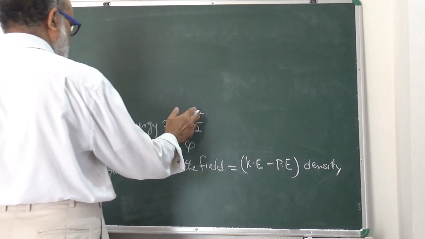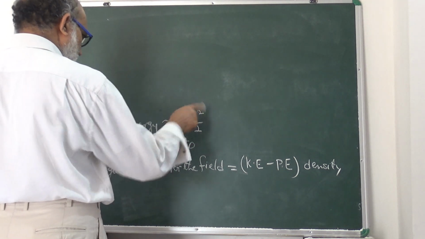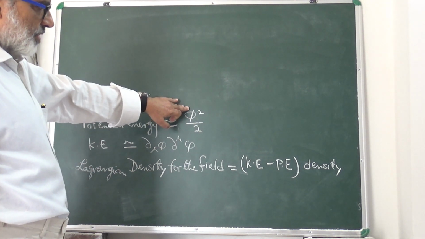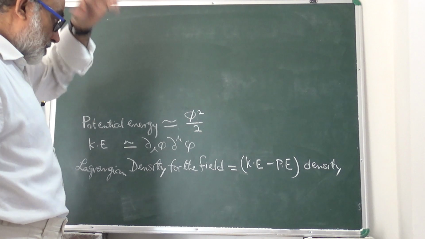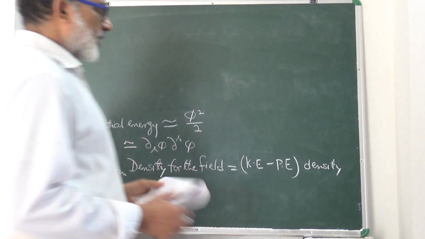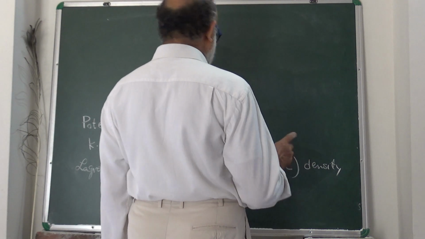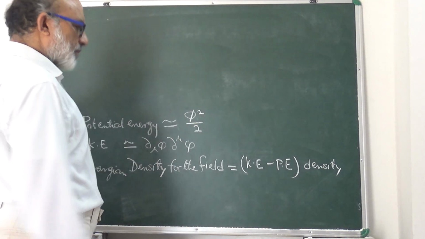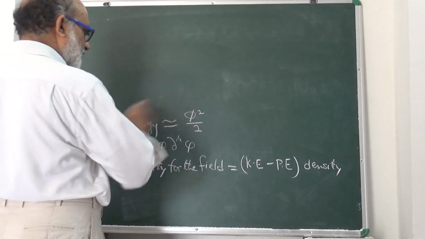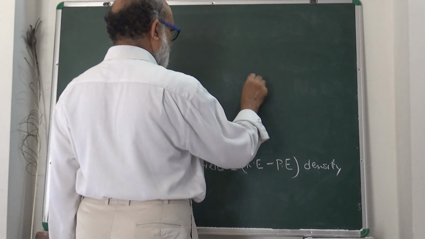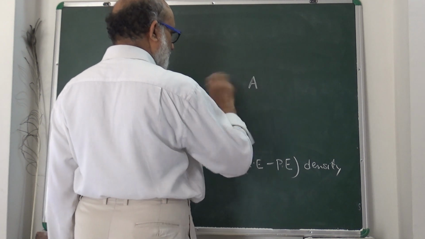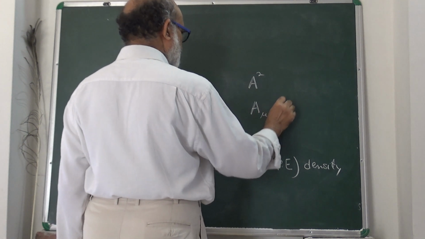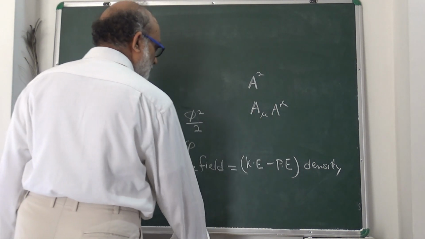I am taking phi square here, not a vector, because we have considered a scalar field. Had it been a vector field, it would be a vector, because the gradient of the scalar becomes a vector. If this were another vector field, say A, we would not write A square; in that case we would have to write A mu A mu.